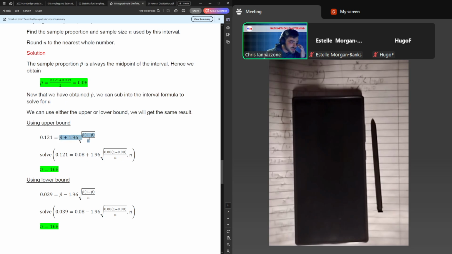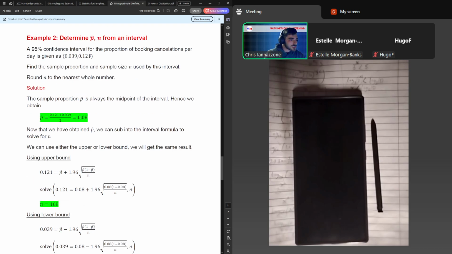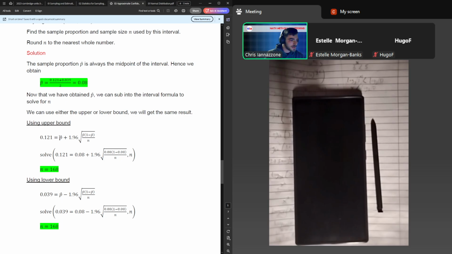So you can either use the upper or lower bound, doesn't really matter, p hat plus or p hat minus your number of values. The reason why you can use either is because you have both. You can use the lower bound value that you have, or you can use the upper bound value that you have. So let's say we use the upper bound. We take this, that's our value, and it's got to be equal to p hat plus your standard deviation term.